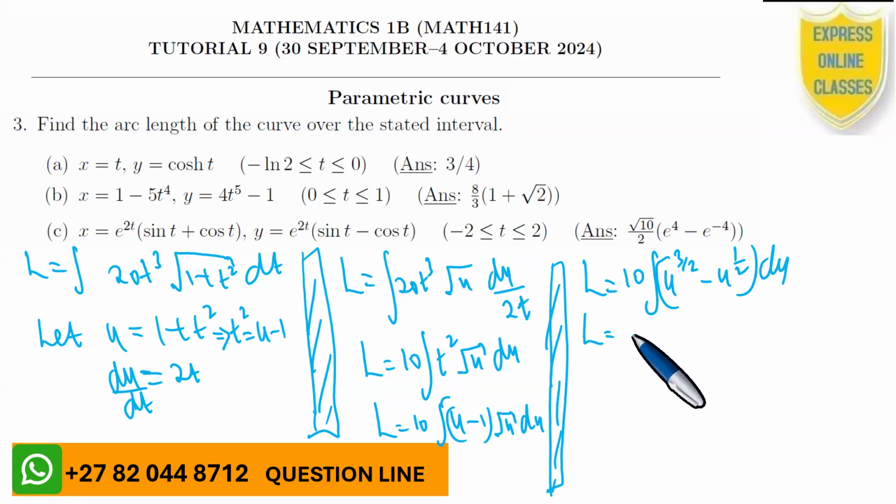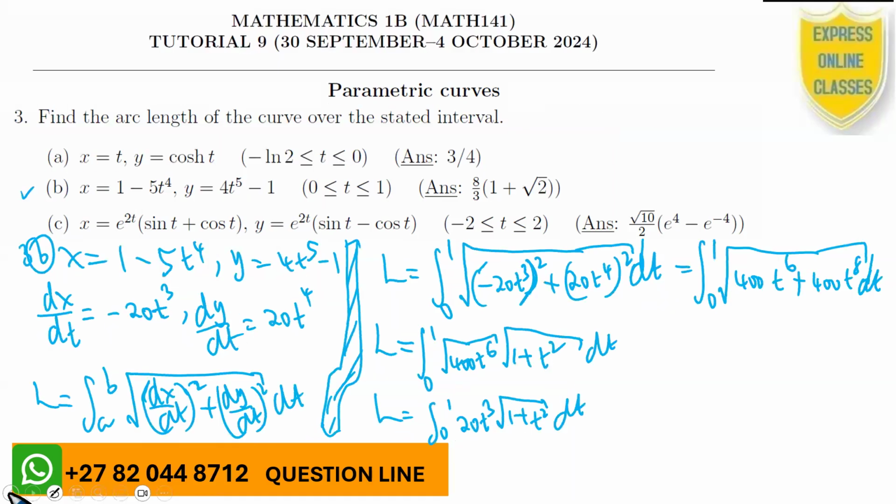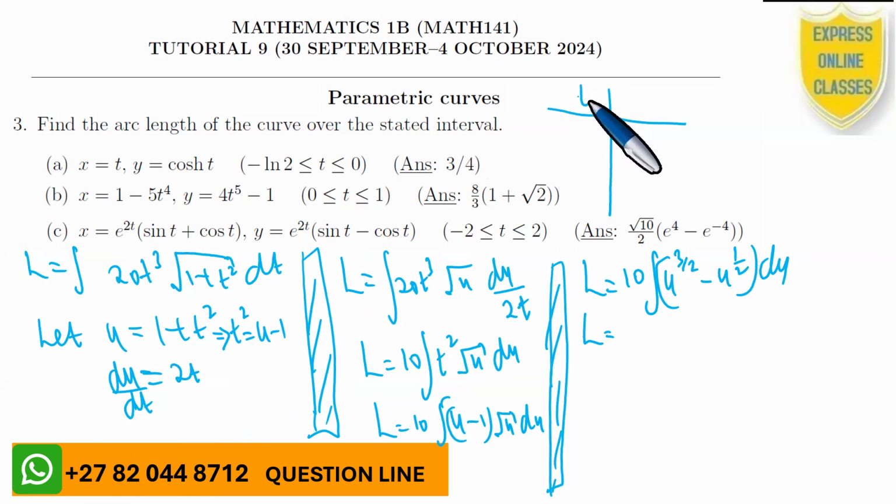So if you're going to look at the limits of integration, because t is from 0 to 1, t and then u.